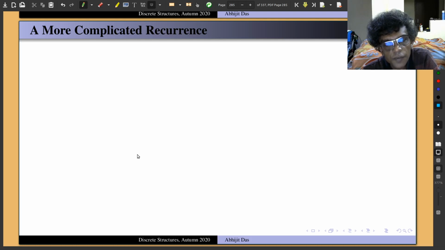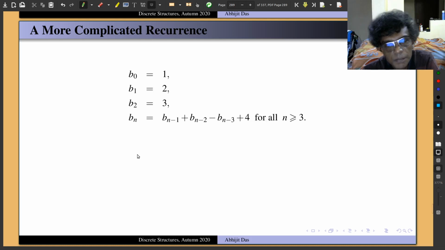So let's define this third sequence this way. Let's say b0 is 1, b1 is 2, b2 is 3, and subsequently bn is the sum of the previous 2 terms minus the third previous term plus something like 4.